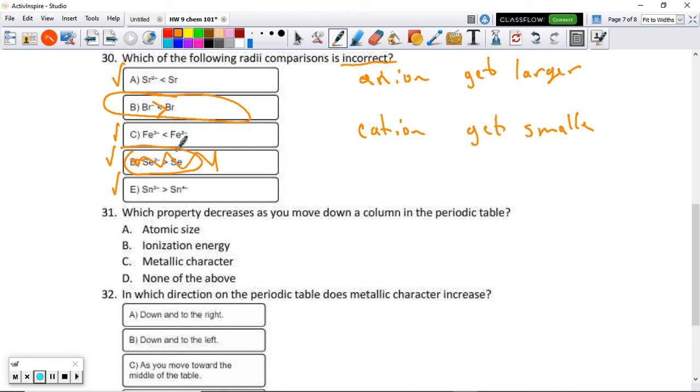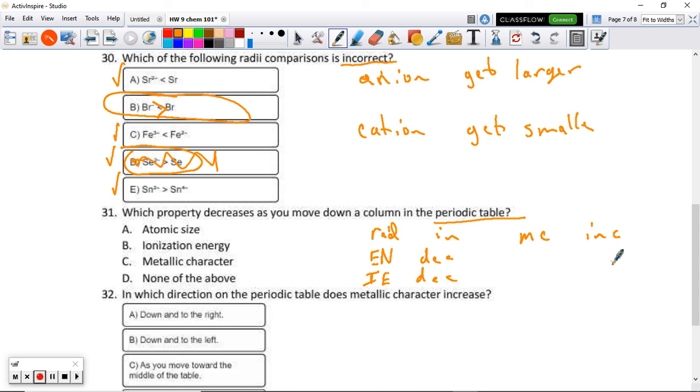Number 31, which property decreases as you move down the column in the periodic table? So I'm just going to do these. Radius increases, electronegativity decreases, ionization energy decreases, metallic character increases.